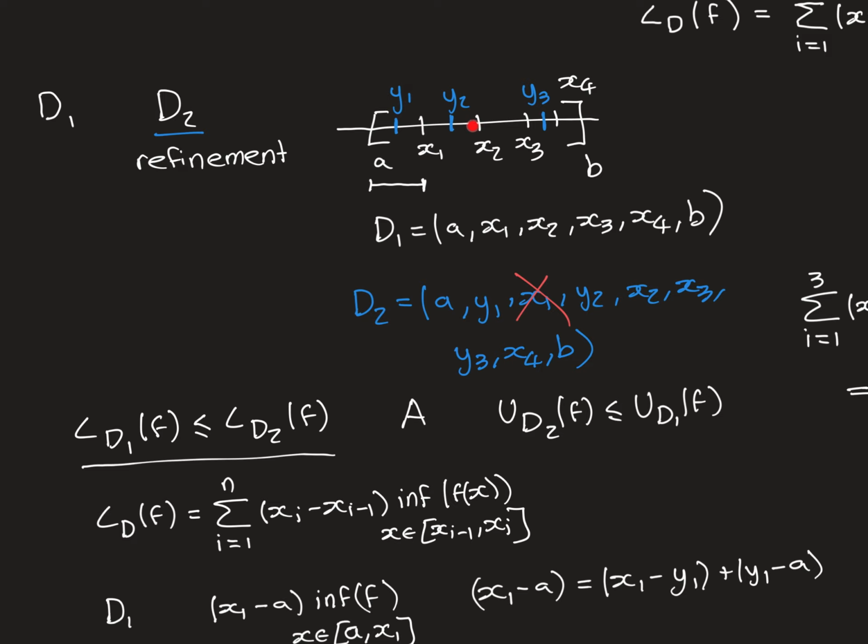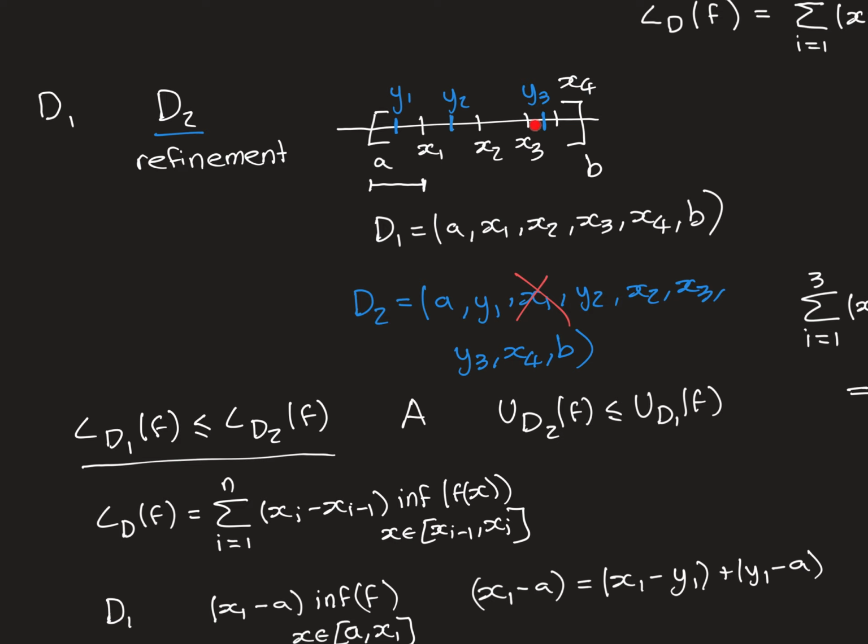So you can now go on to this next interval from x1 to x2, and the bit that will appear in its lower Riemann sum is going to be less than or equal to the corresponding bits, the two bits that you're going to then have in the new dissection's lower Riemann sum. For this one, it's going to be exactly the same. For this one, again, it's going to hold true because you've split it further.